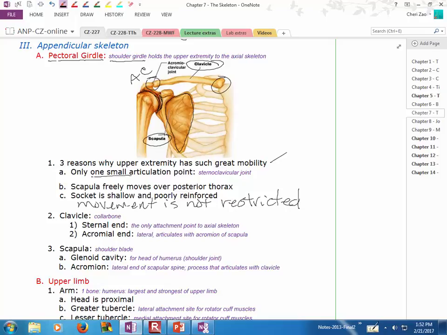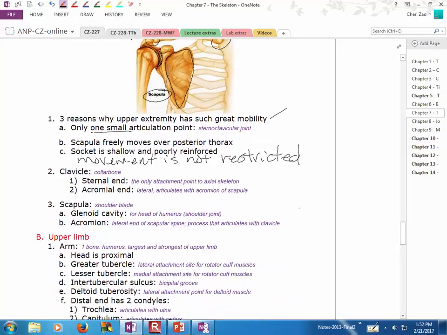There's not too much that actually moves like that other than maybe your thumbs. So let's take a look at the clavicle. As we know, it's also called the collarbone. The sternal end is the only attachment to the axial skeleton, and then the acromial end articulates with the acromion of the scapula to form that part of the AC joint.